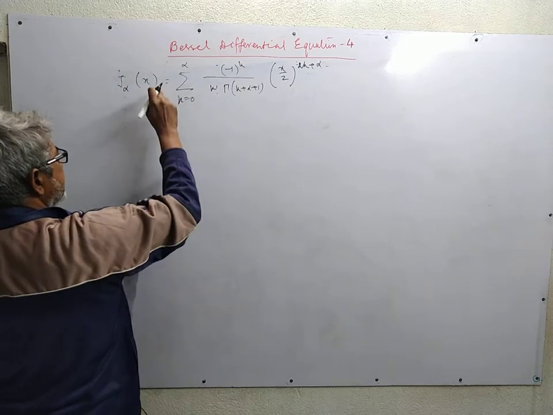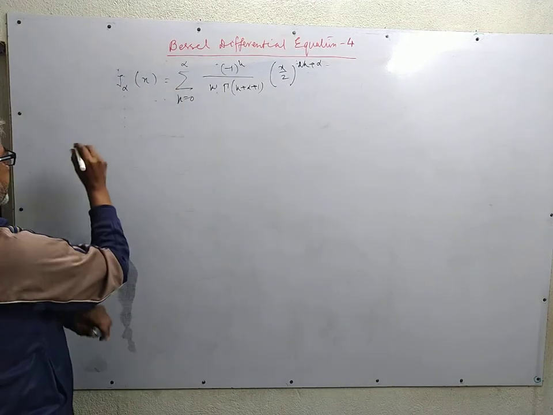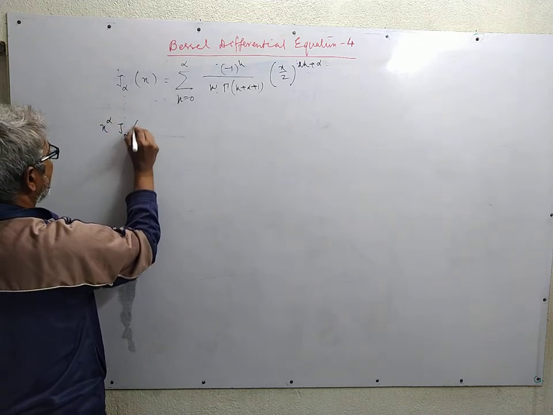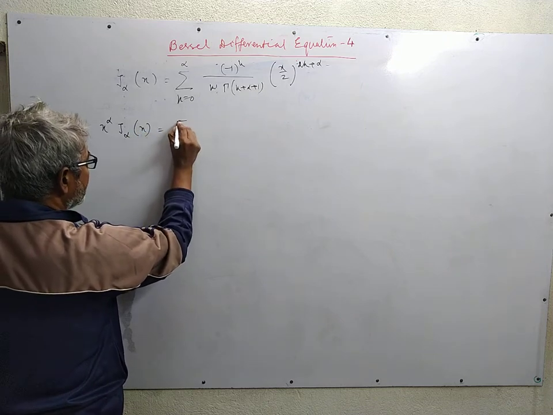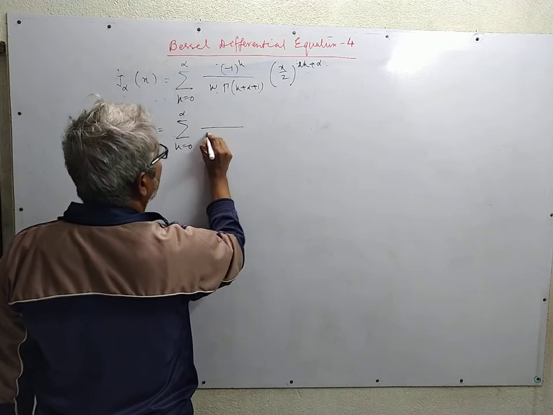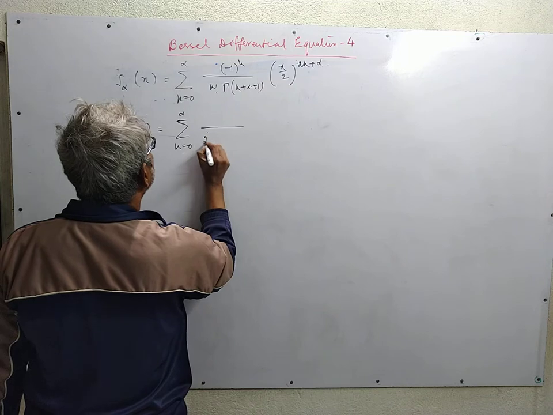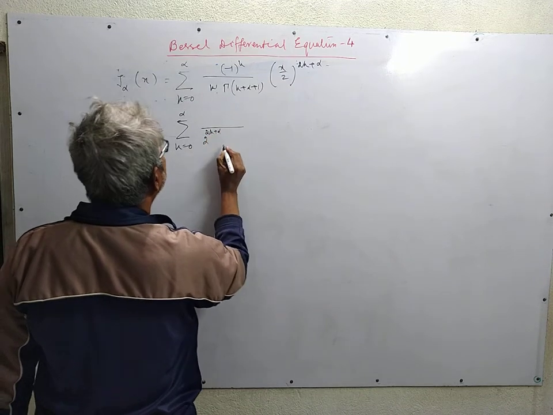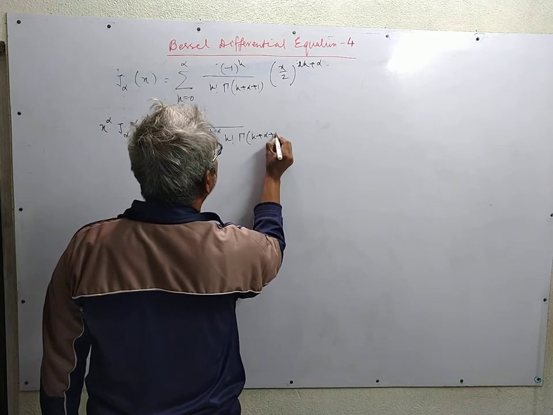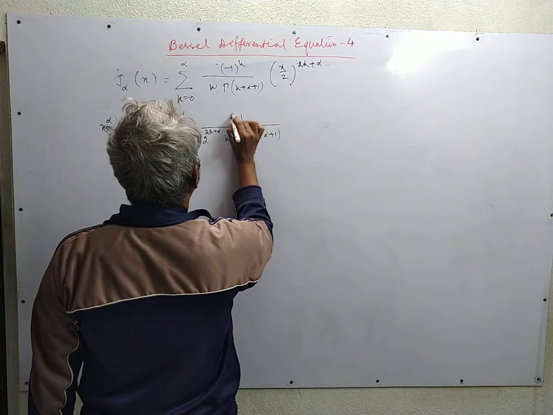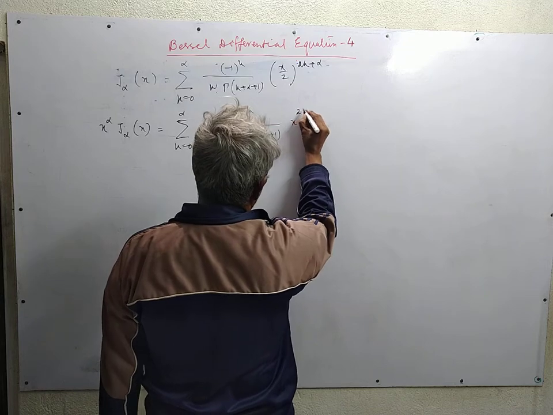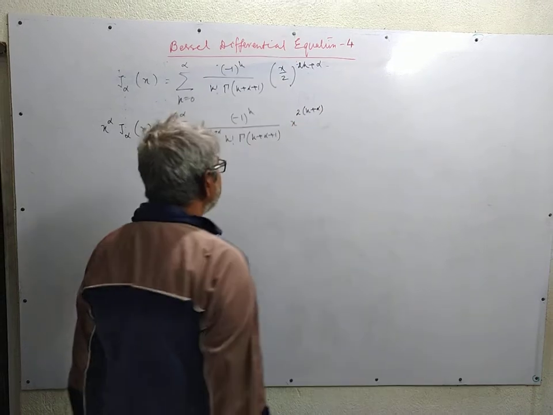We multiply either side of this relation with x to the power alpha, so that we have x to the power alpha J alpha of x is equal to summation over k is equal to 0 to infinity, minus 1 to the power k divided by 2 to the power 2k plus alpha k factorial gamma of k plus alpha plus 1, and x to the power 2k plus 2 alpha.